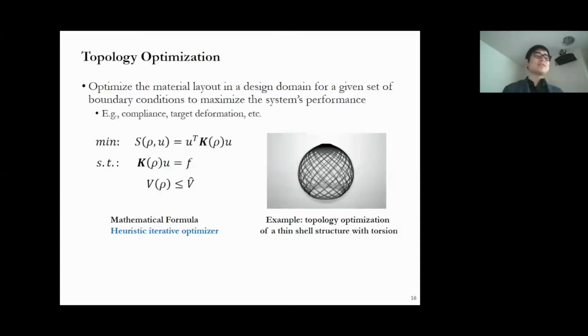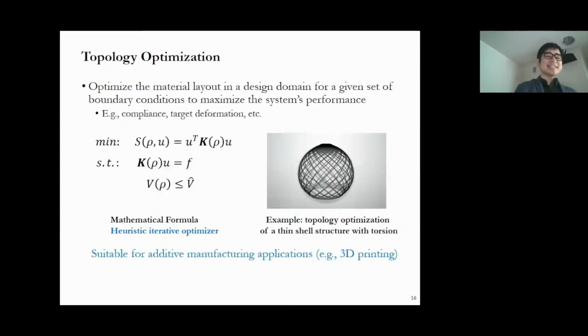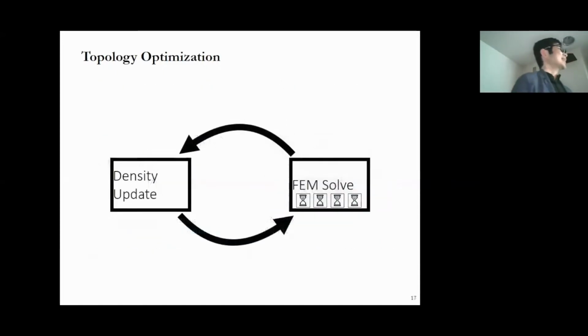We cannot have more than 20% volume occupying this space. If we design some mathematical formula and some heuristic iterative optimizer to solve this problem, we can get some nice structures. And these structures are easily verified by additive manufacturing, like 3D printing.